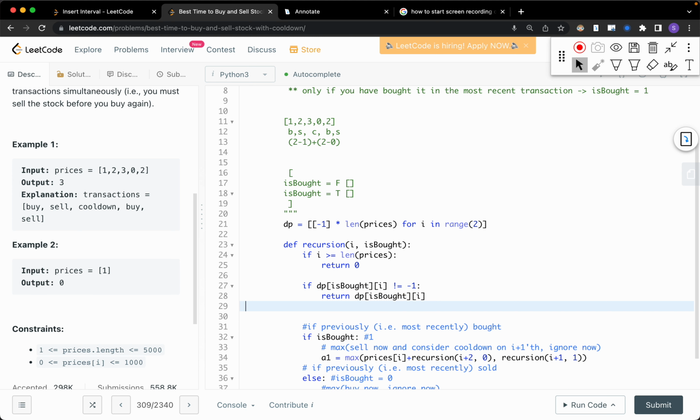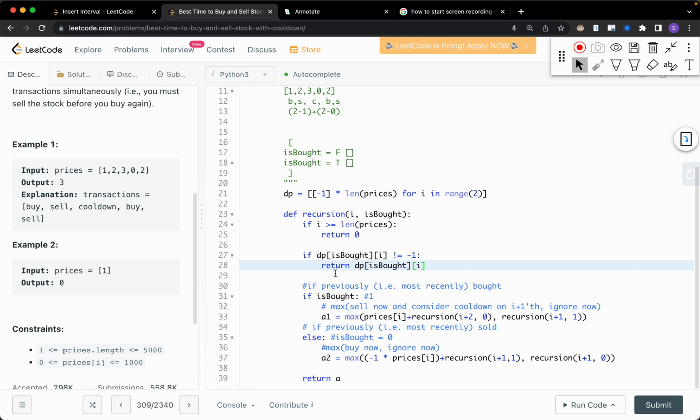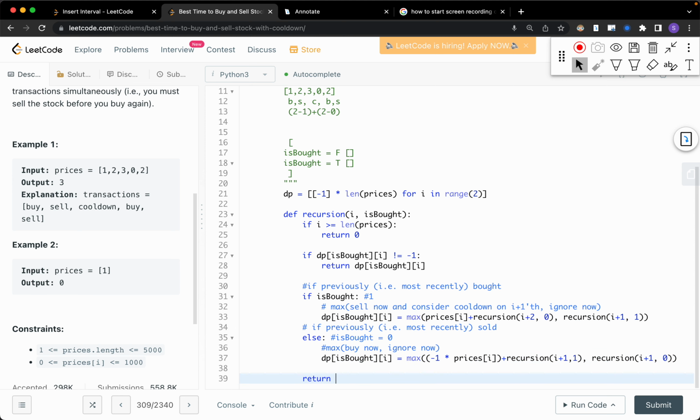Otherwise we'll perform all these things, and even in this case I'll store these values in dp of isBot and i, and then I'll simply return dp of isBot and i.